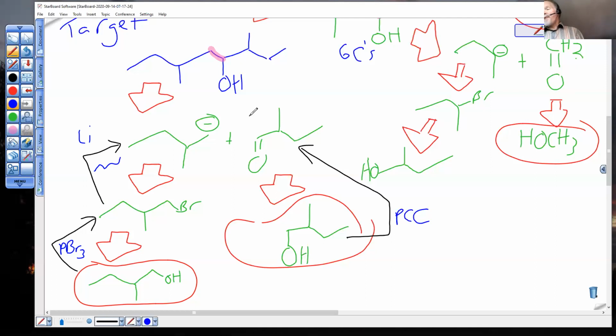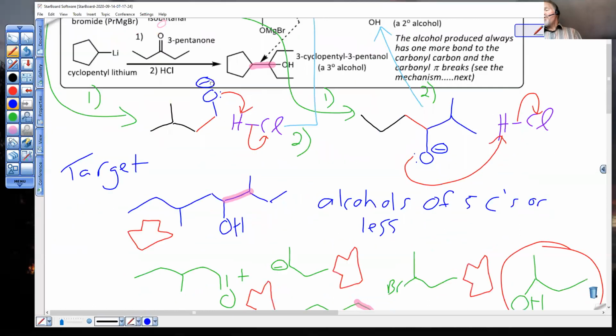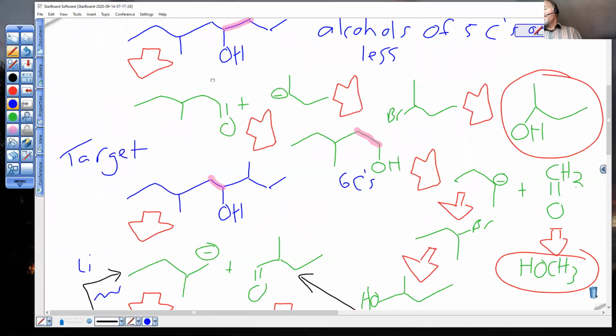And let me refresh our memory on the synthesis step. It's a 2-step procedure. You take the organolithium or the Grignard, react it with the aldehyde or ketone in step 1, and in step 2, you add HCl. You need to show me you know it's 2 steps.